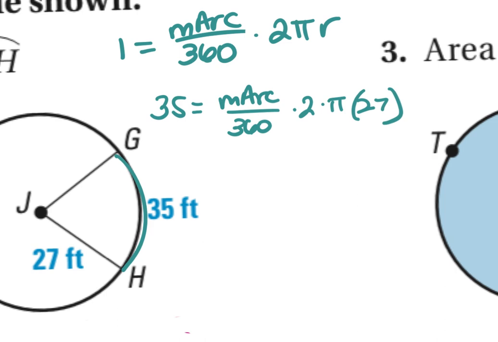And then you can do this in multiple parts. You could simplify the right side and then move it. This is 54. So I could divide both sides by 54, and then I could divide by pi, or I could divide them together as long as I put them in parentheses. 35 divided by 54 times pi, again in parentheses.